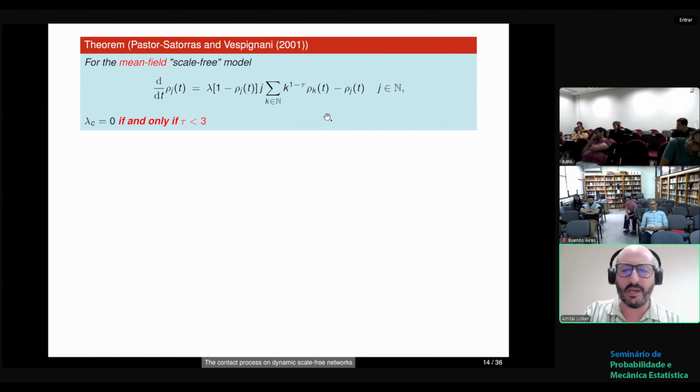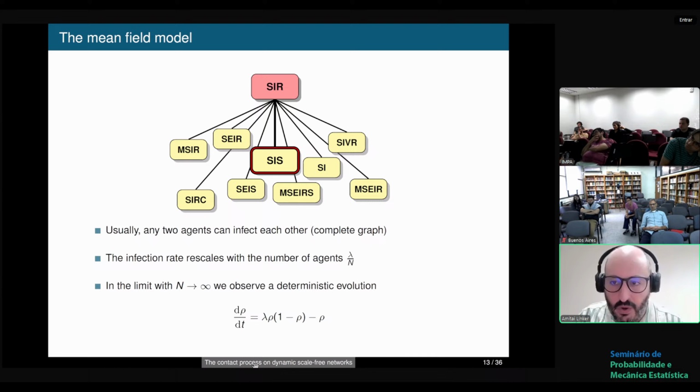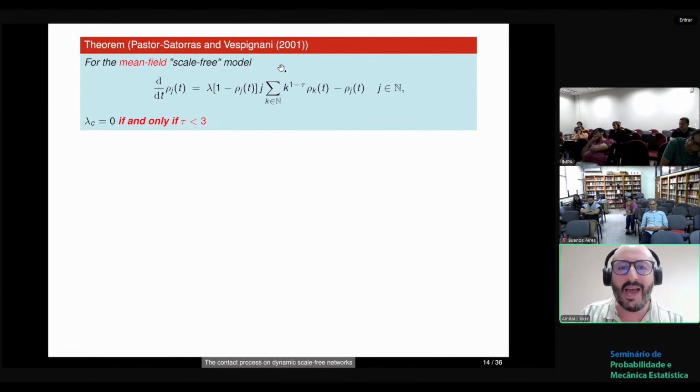So they replicated this equation over here, but as an infinite system of ODEs in which each rho j stands for the density of infected vertices of degree j. Here you have the interaction between the ones that are not infected and the ones that are infected from other degrees. This k to the 1 minus tau stands for how many vertices of each degree you are connected to. And of course, here you have the recovery.